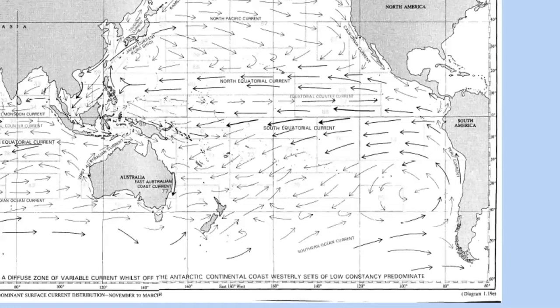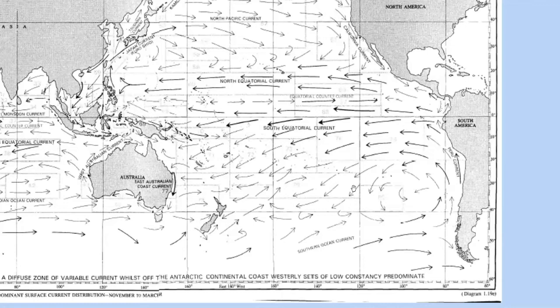Okay, so in the Southern Pacific, the South Equatorial current will most likely go to the coast of Australia. But some of it will also go down, but not so much.